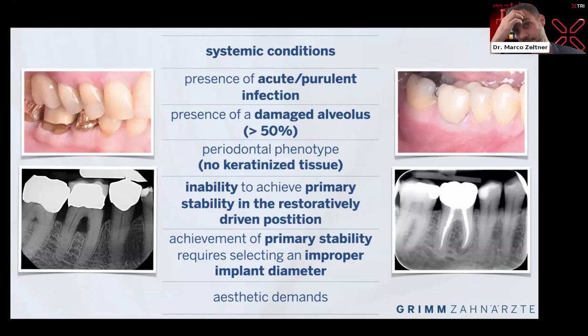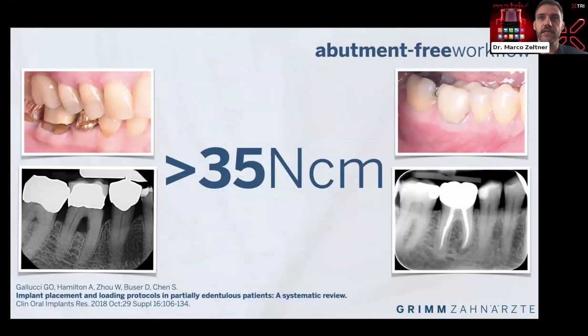Because when we're planning these cases, we must pay special attention, as I said, to achieving primary stability, because high primary stability is essential for immediacy, and an insertion torque of about 35 to 40 Newton centimeters is recommendable.